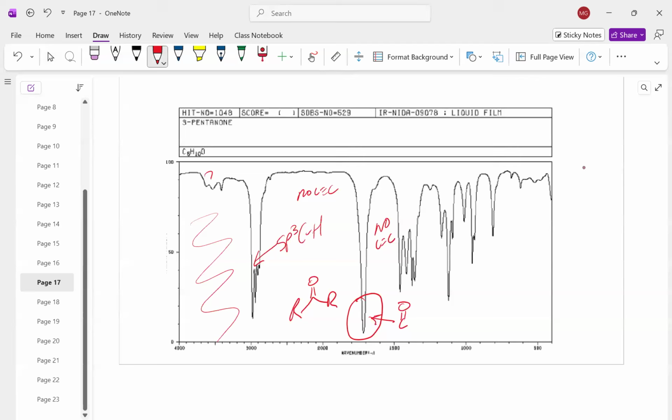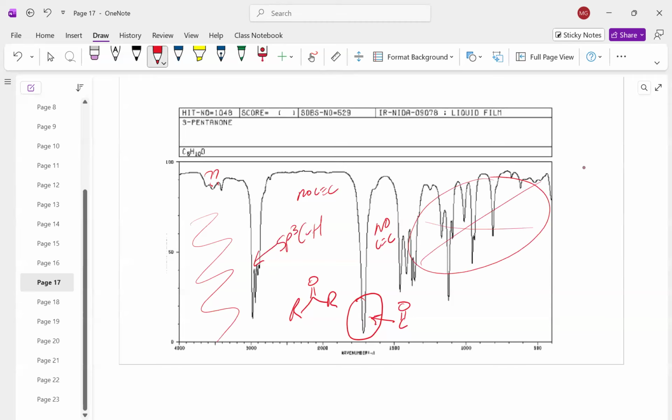You might say, what the heck is this thing? That's just not strong enough to be any sort of signal. Don't misinterpret that. It's probably something unique to this compound. And you look at this and say, what about all this other stuff here? Don't need to worry about interpreting it.